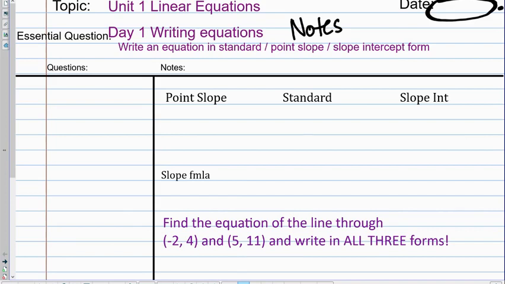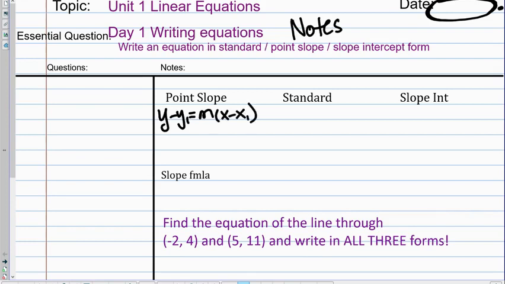So before we get started, I thought we should remind ourselves of the different types of formulas there are. And they all say something kind of important in their name. Well, standard doesn't really, but point slope, for example, contains a point and a slope. So your formula is y minus y1 equals m(x minus x1).